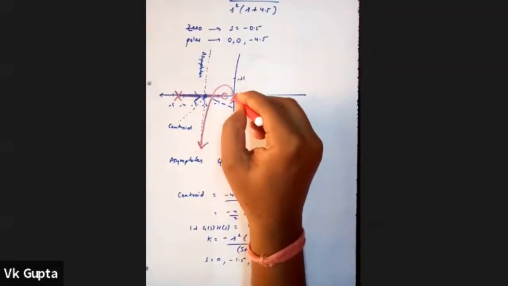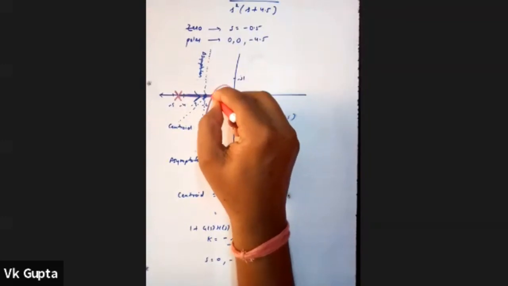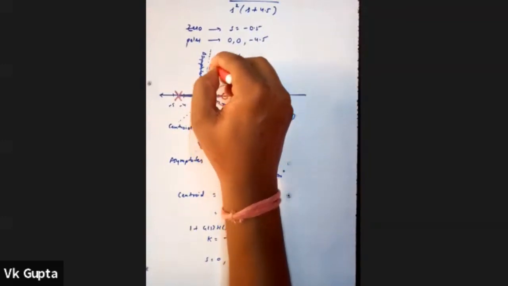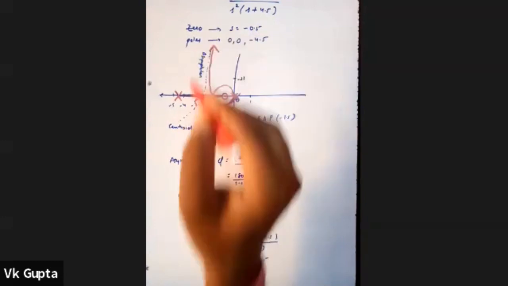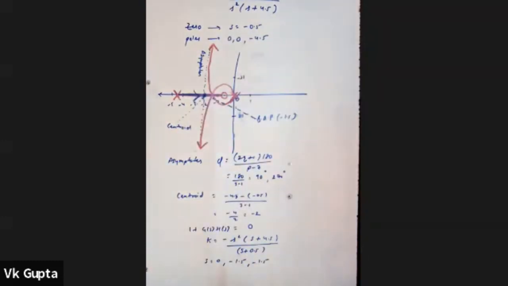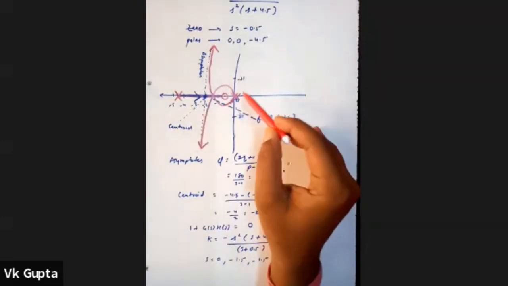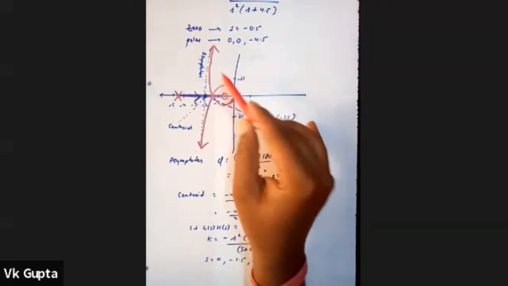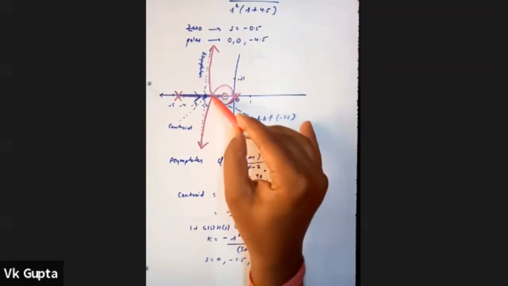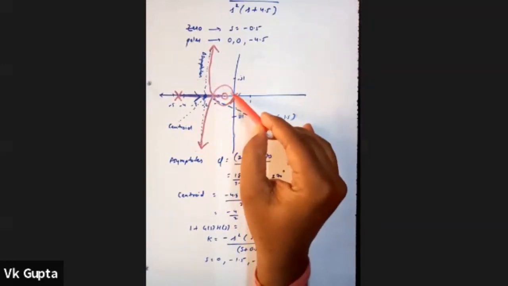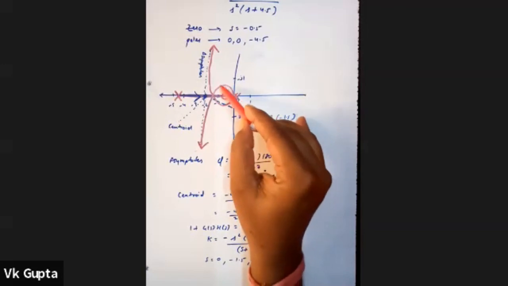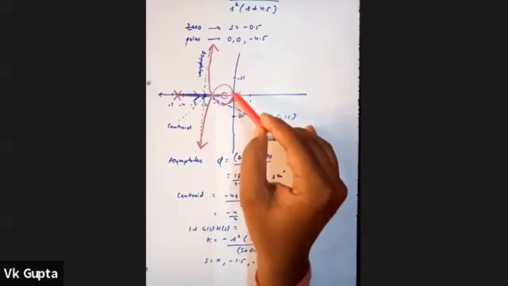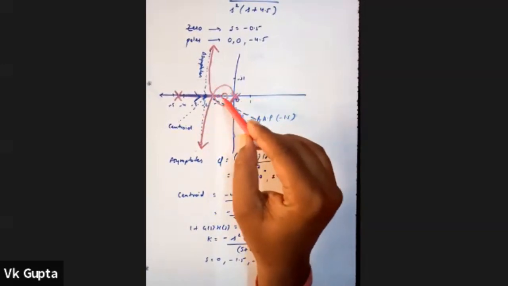The other branch will go to the breakaway point and proceed to infinity. So you have 2 branches originating from 0, and they will go to infinity via the breakaway point. So this is the way it has to be drawn. So this completes our root locus.